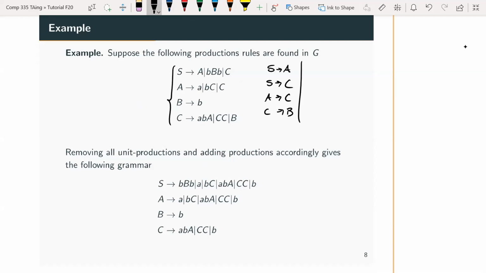Okay. So then after you identify those, you can use the transitive argument that, for instance, S gives you C and C gives you B, so I also have S gives you B. And I also have that A gives you C and C gives you B, so A gives you B, right? Okay.